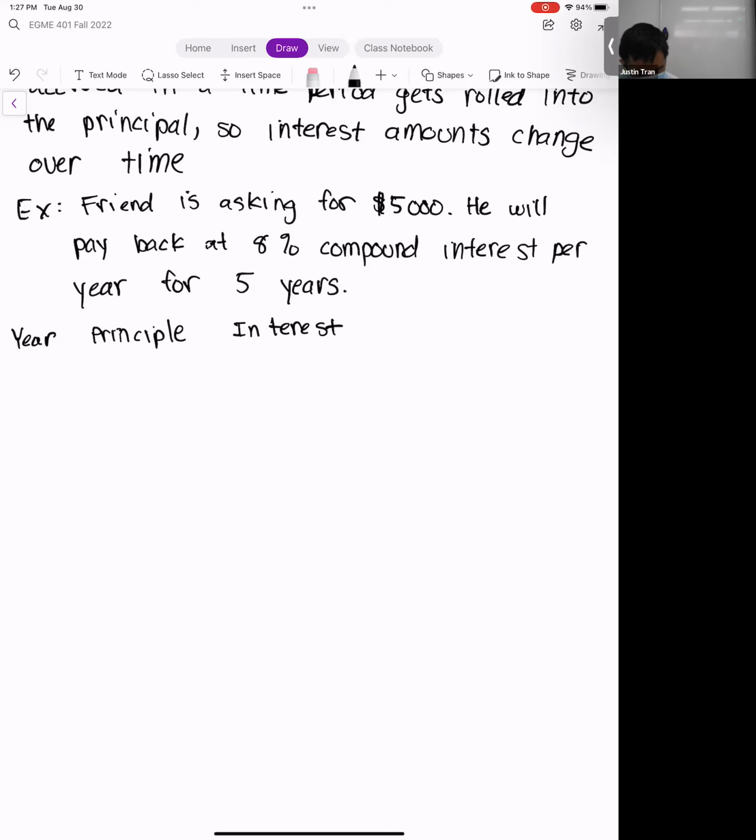We're going to have a column for the interest. And since the principal amount is changing, whatever interest we accumulate is going to be rolled into the principal. Each year, we're going to have a new principal amount as well.